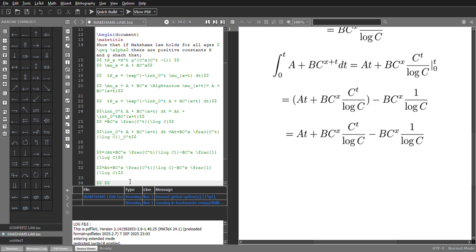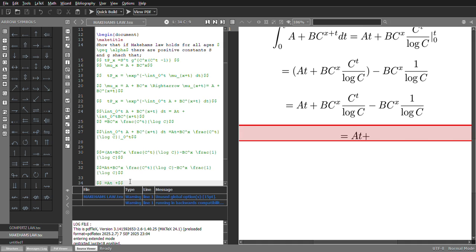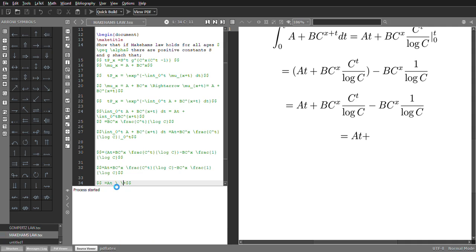We'll have this one equal to at plus, we are supposed to add. That plus is too close.